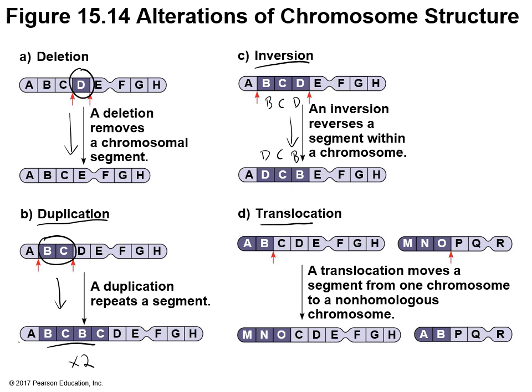And finally, we have translocation. This is the case where we have 2 different types of chromosomes. Let's say we had one type of chromosome right here and another type right here, and we're going to swap section AB in chromosome, let's say 1, with section M and O on chromosome number 2.